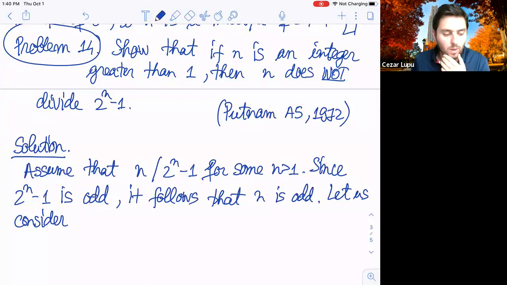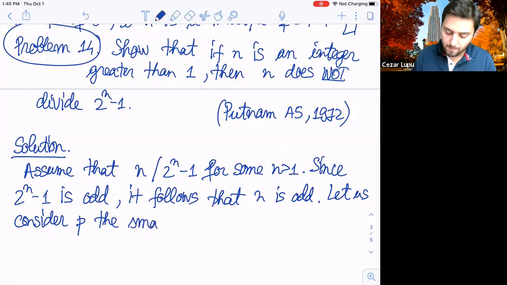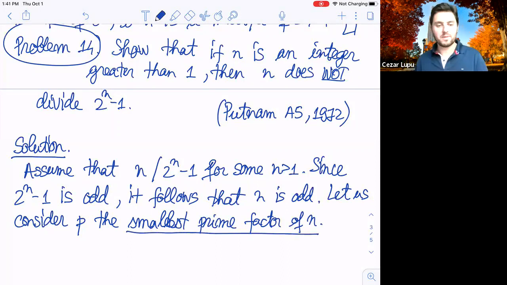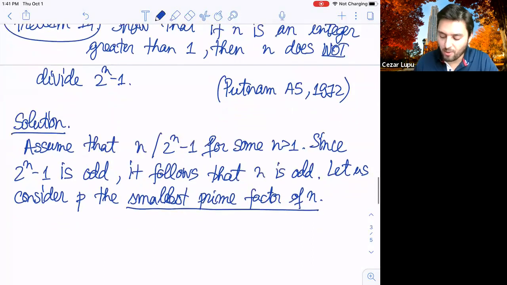Okay, and now let us consider p, the smallest prime factor of n. Pay attention because this is very important. We have a prime factorization, and I'm going to consider the smallest prime factor of n. And now remember Euler's theorem.